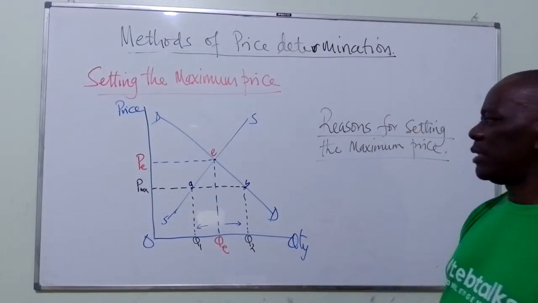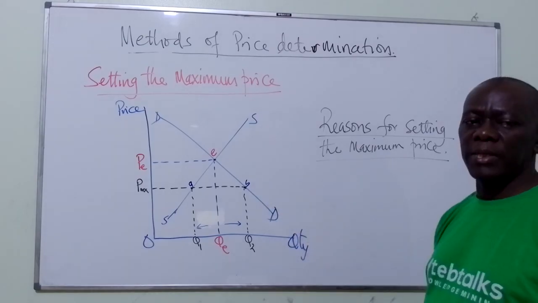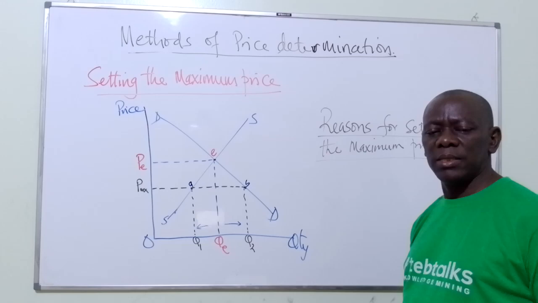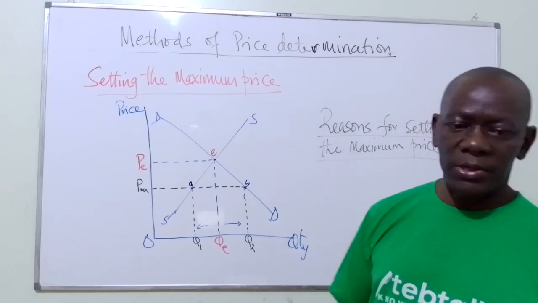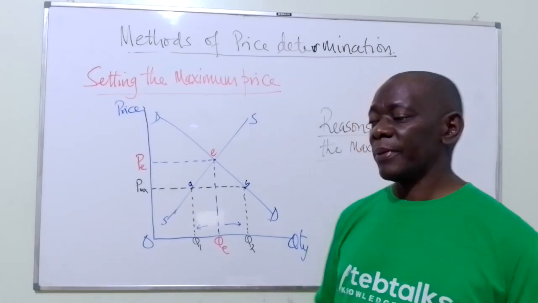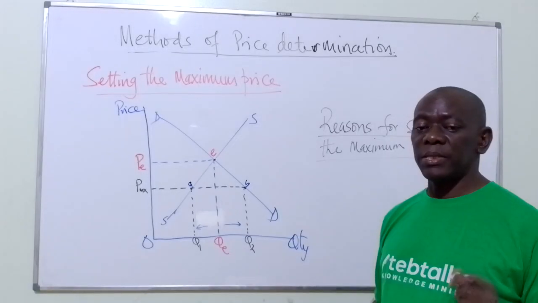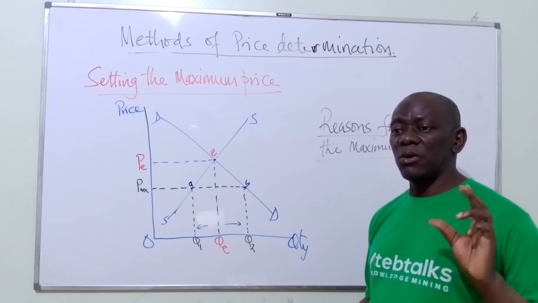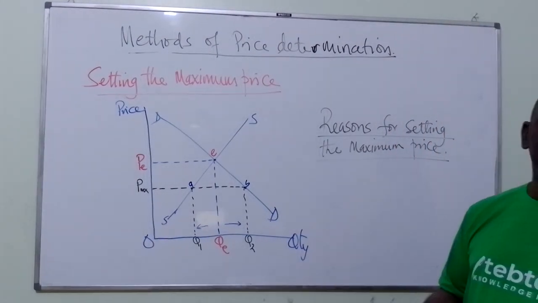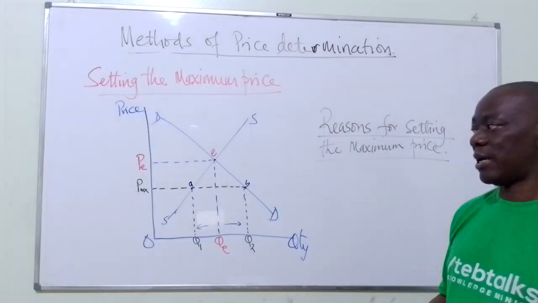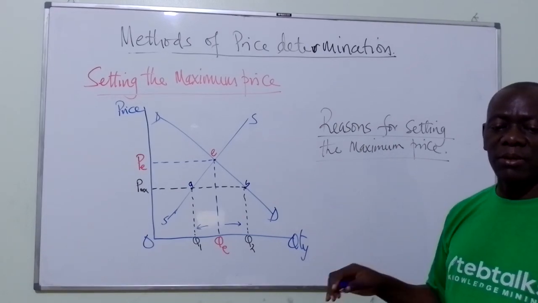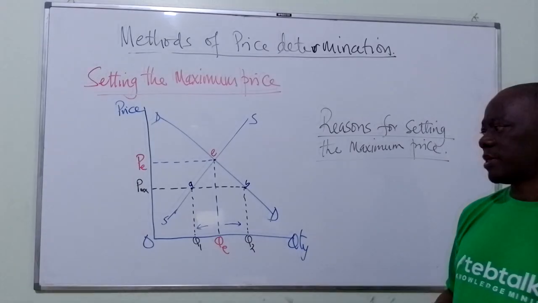Now, before we explain further this diagram, we want to find out, why does government set the maximum price? We said it is set in the interest of the consumer. When the government is setting it, it focuses on the consumer, that the consumer has been exploited by the sellers, or the equilibrium price is higher than what the majority of the consumers can afford.